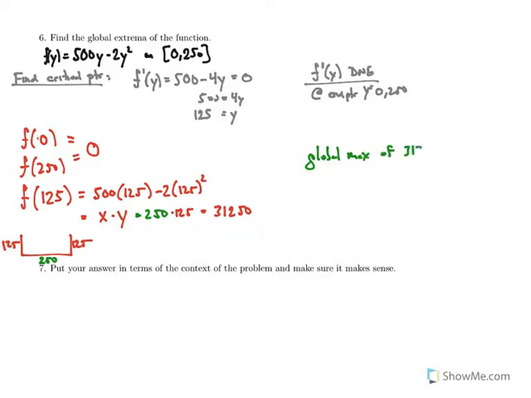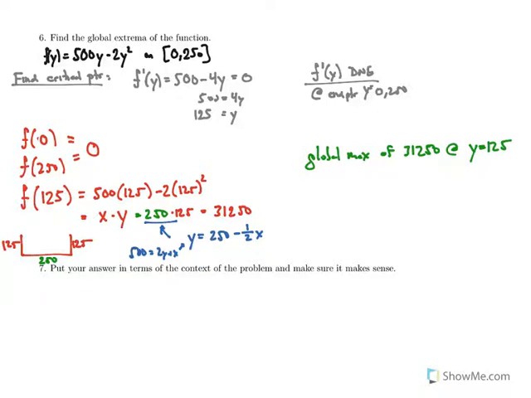So we have a global max of 31,250 at y equals 125. And note that where did I get this 250 from for x? That was from the constraint, 500 equals 2y plus x.